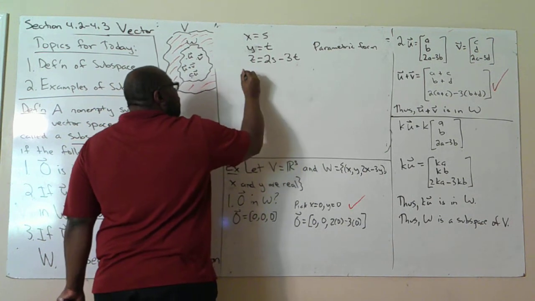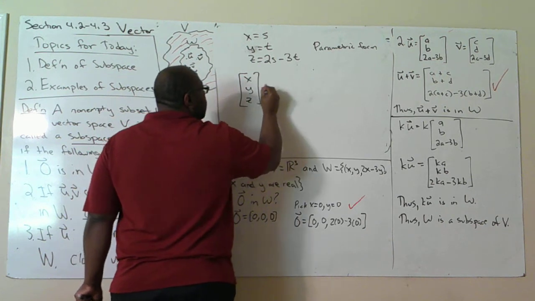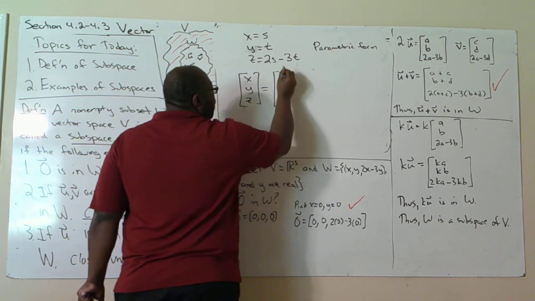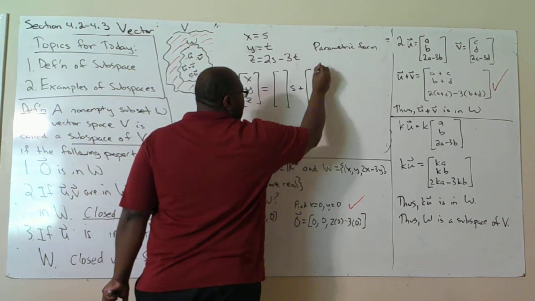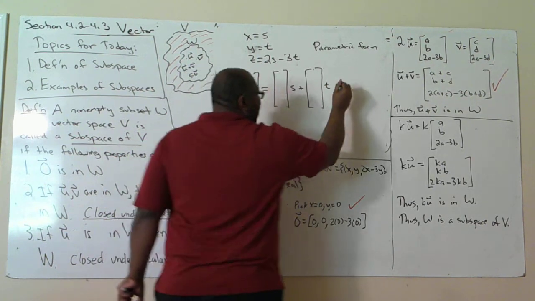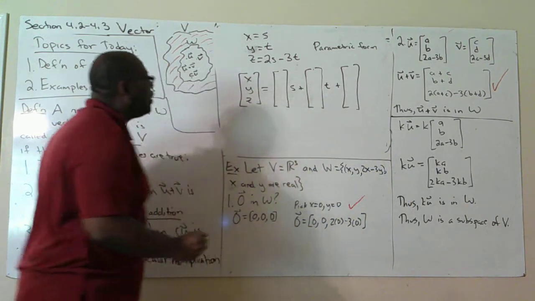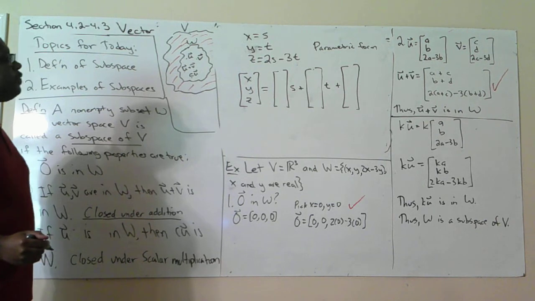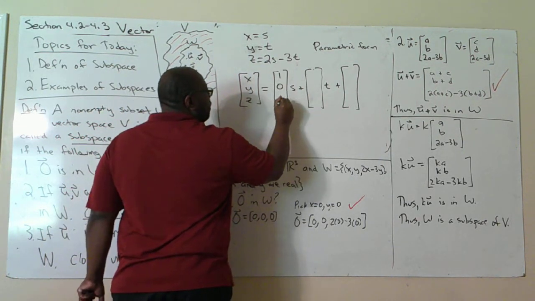And then if I write it in vector form, I have x, y, z equals, we have one for s, we have one for t, and then we have one for the point. The vector for s is going to be 1, 0, 2, I believe.